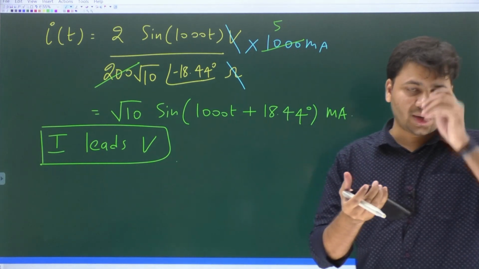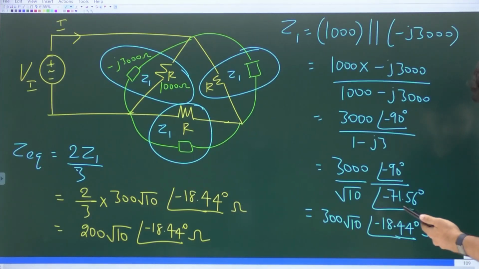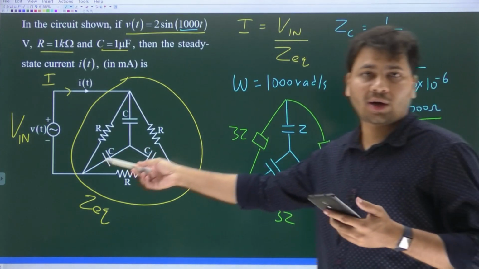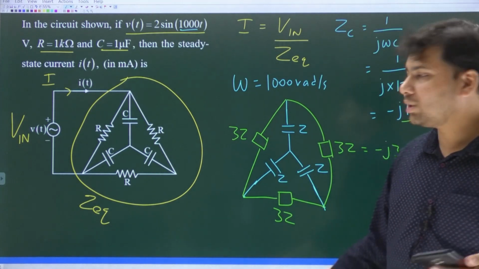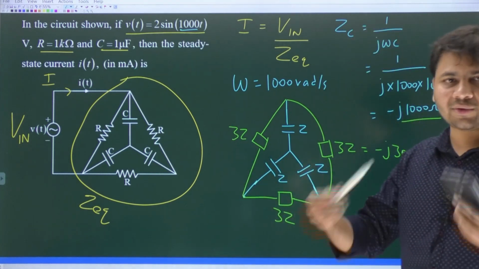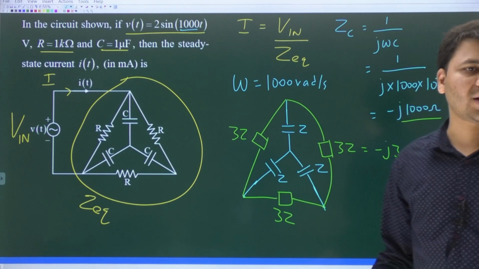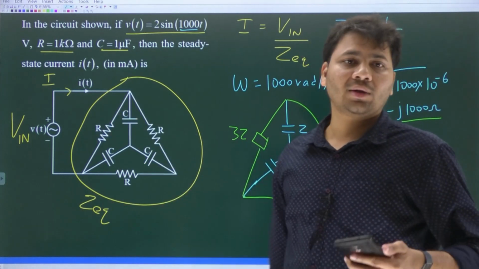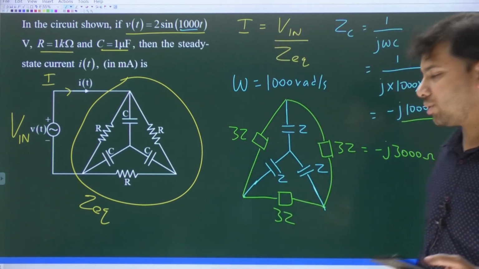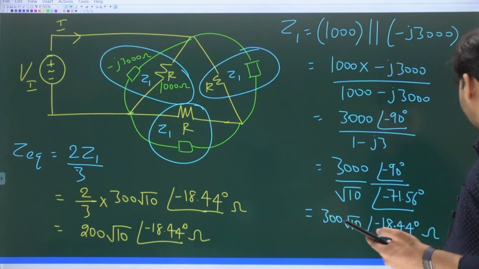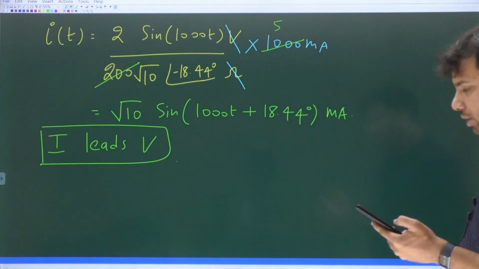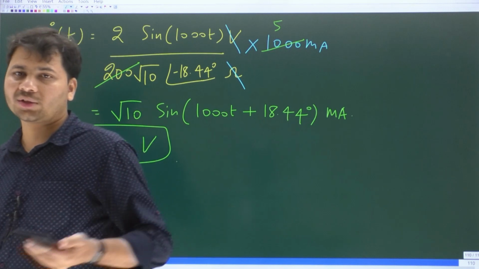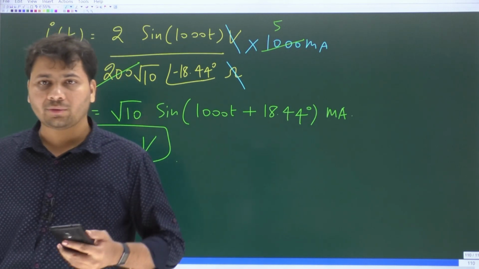If you look at the original network, it contains only capacitors. So the overall nature of the network is definitely capacitive. That means current should lead voltage. That's why the input current will lead the input voltage. So if the network contains only capacitors, it will have capacitive nature. There is no possibility of having an inductive nature.